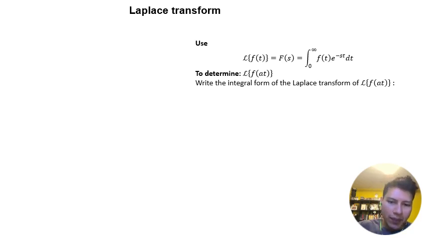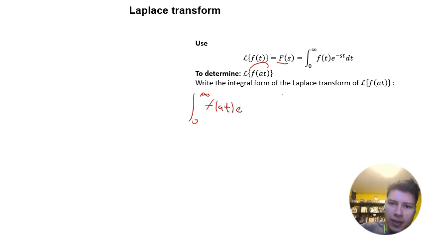In particular, let's look at a function f of a times t. If we know the Laplace transform F of s, let's write out this integral. We have the integral from 0 to infinity of f of a t e to the negative st dt.